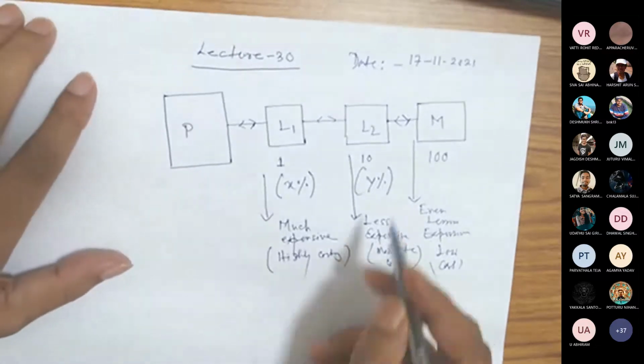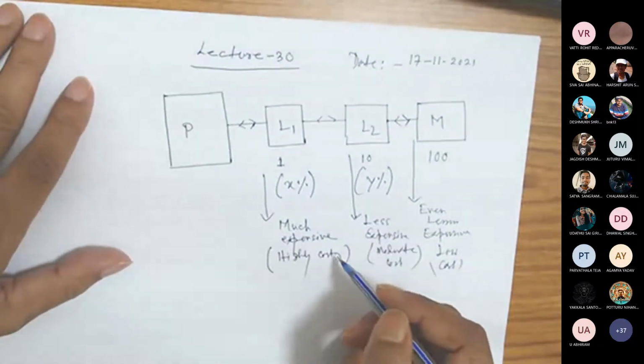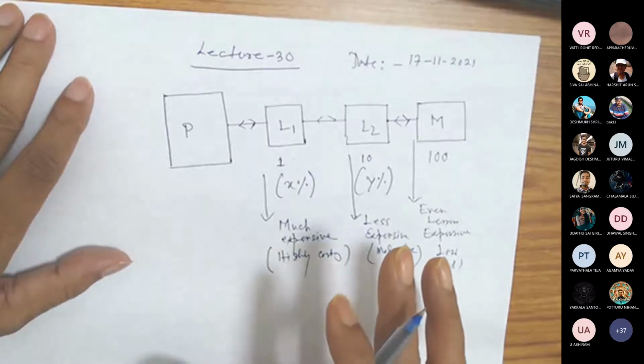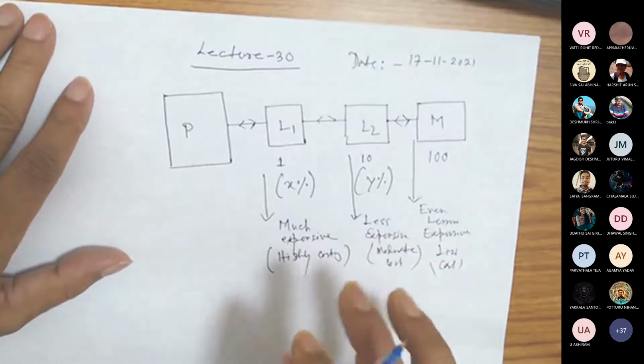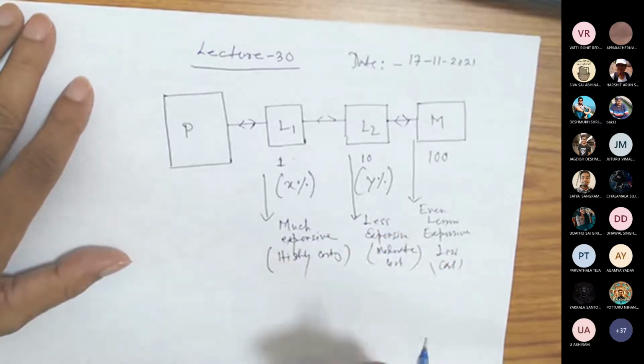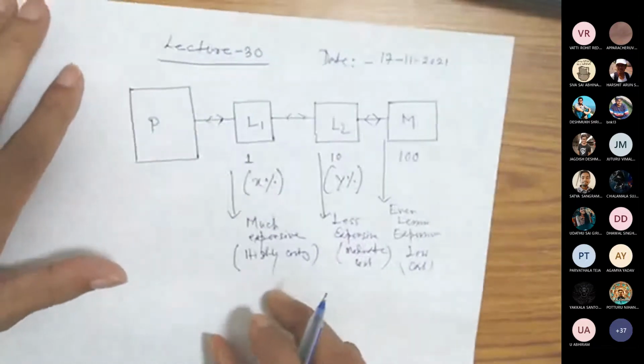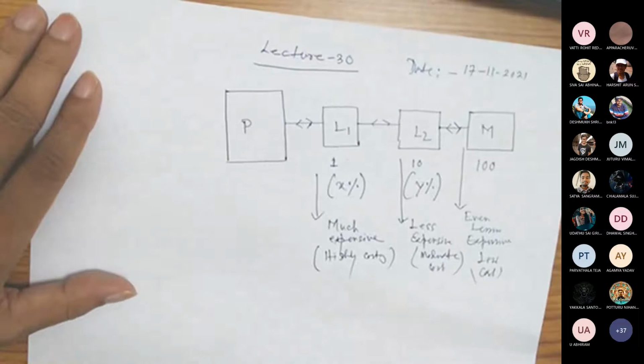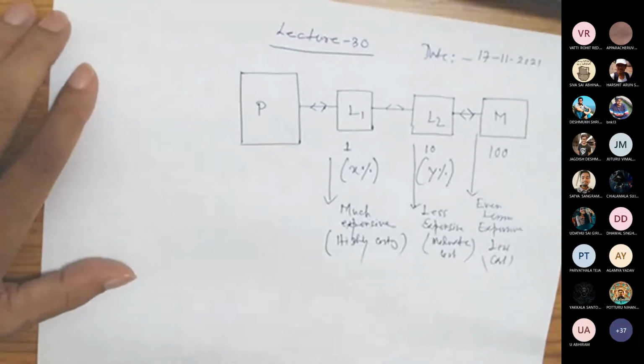So obviously, due to this reason, you always spend based on your available budget. You would like to spend money according to whatever is available to you.